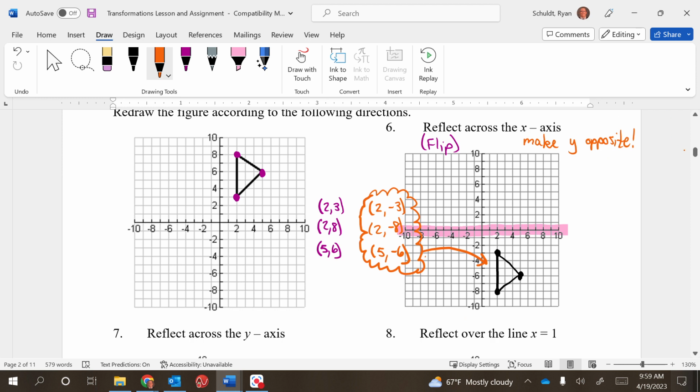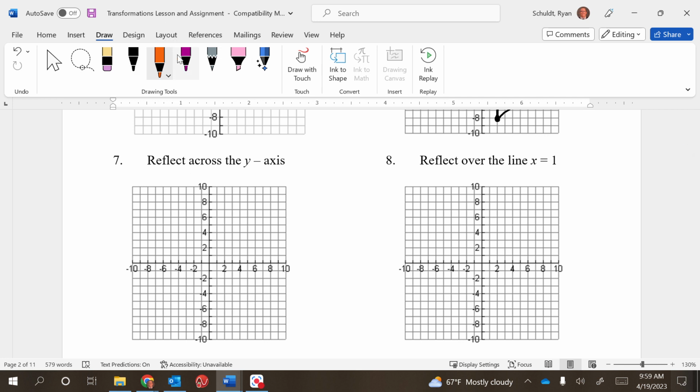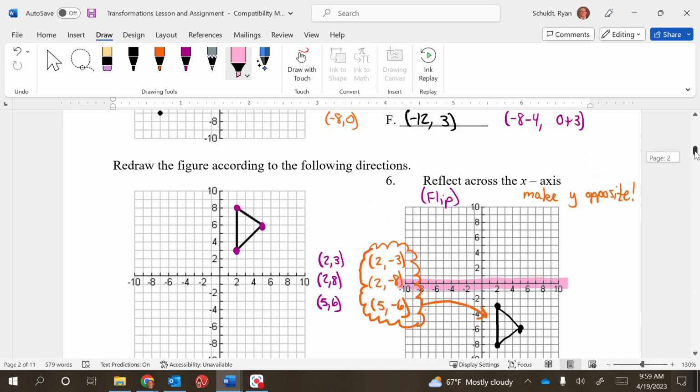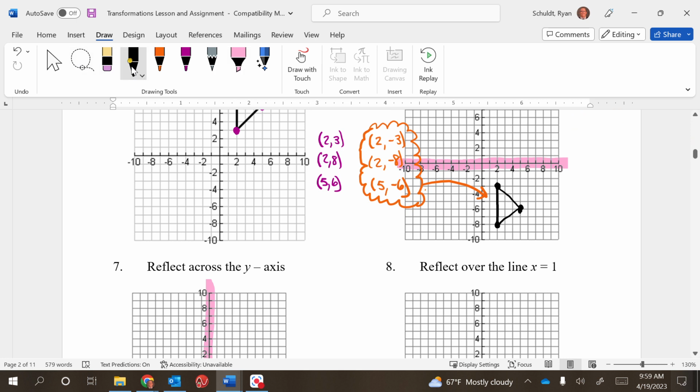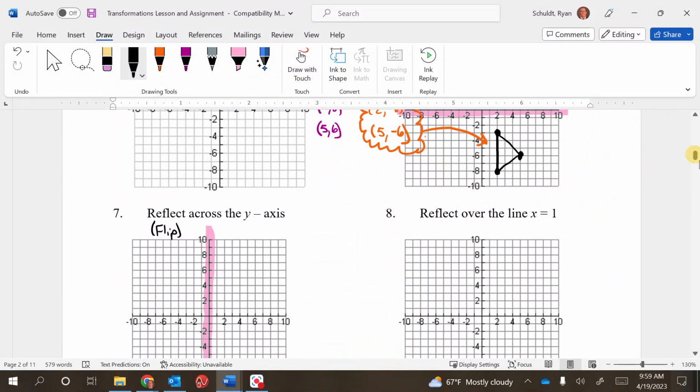Okay. Now they want us to reflect across the y-axis. So we want to make a mirror image across this axis. So we're going to flip it. Reflect means to flip. But in this case, since it's the y-axis, we're going to make the x's the opposite.